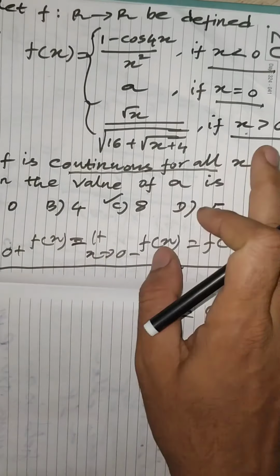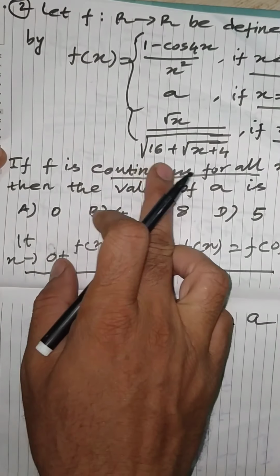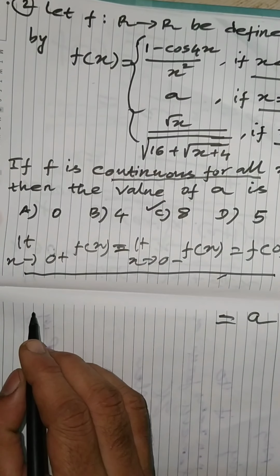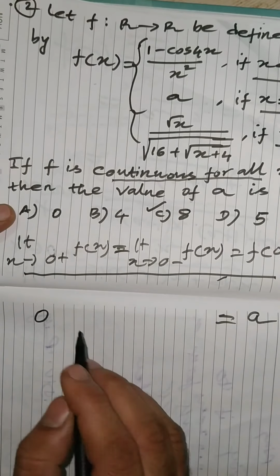Whatever it is, x value is 0. So immediately we can write 0 by some value, but not equal to 0. So we get 0 only.